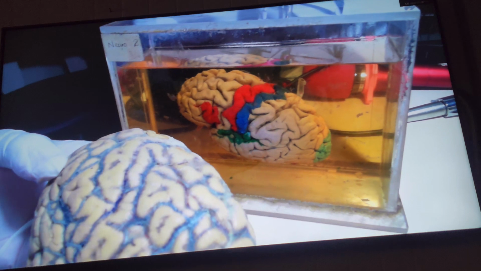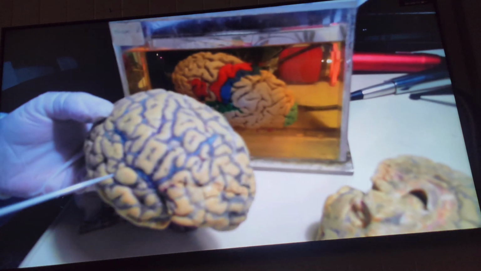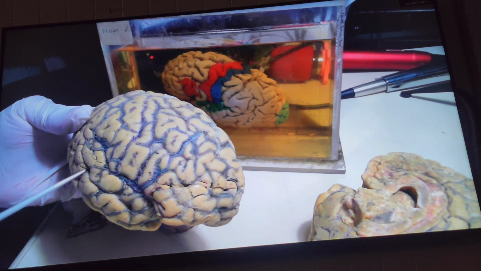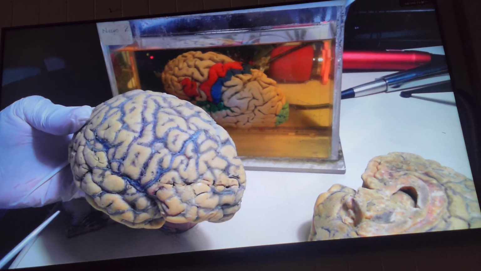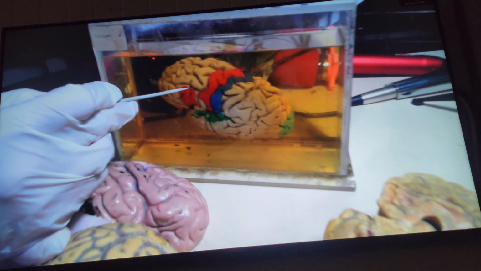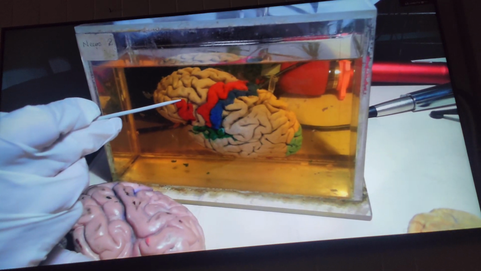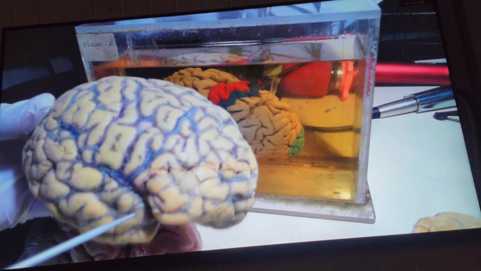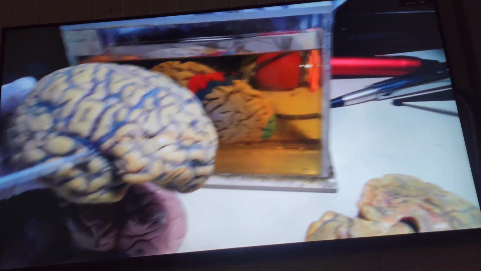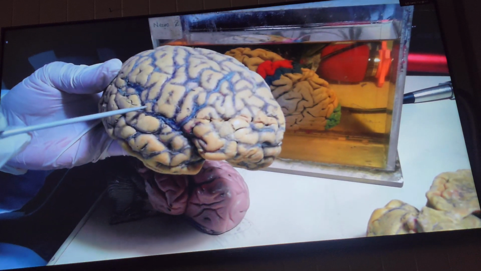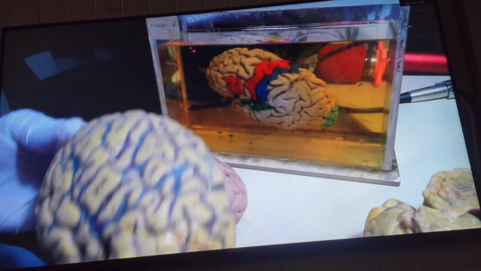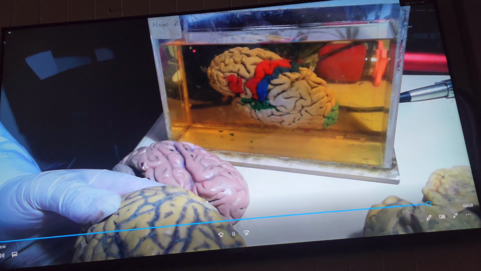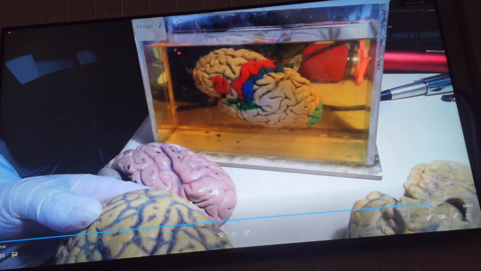The taste area is located in the inferior part of the parietal lobe, on the superior wall of the lateral sulcus. This is the lateral sulcus, and in its superior part we find the taste or gustatory area.